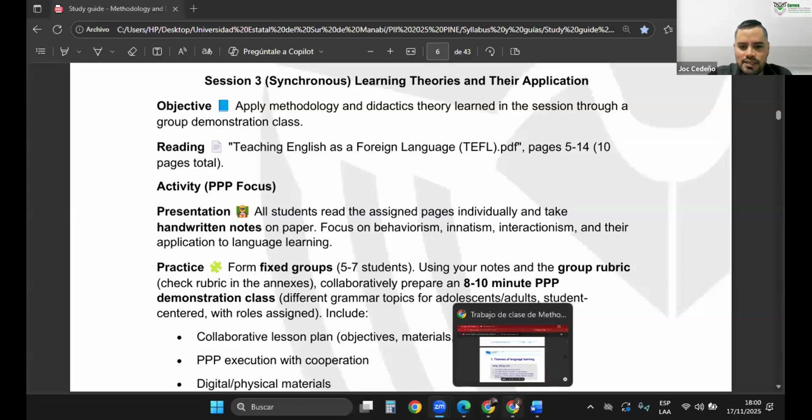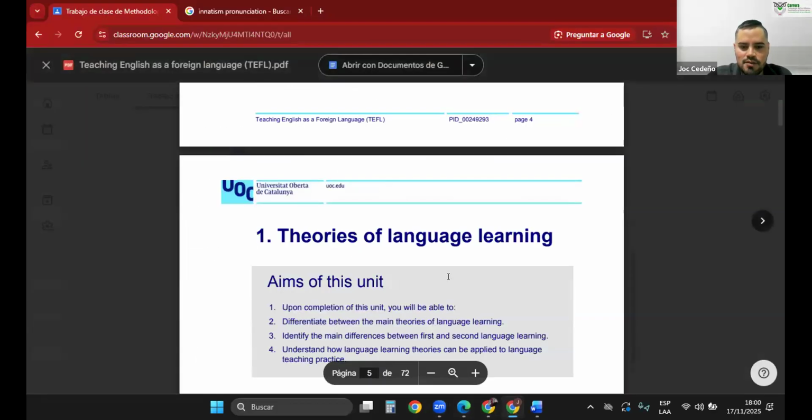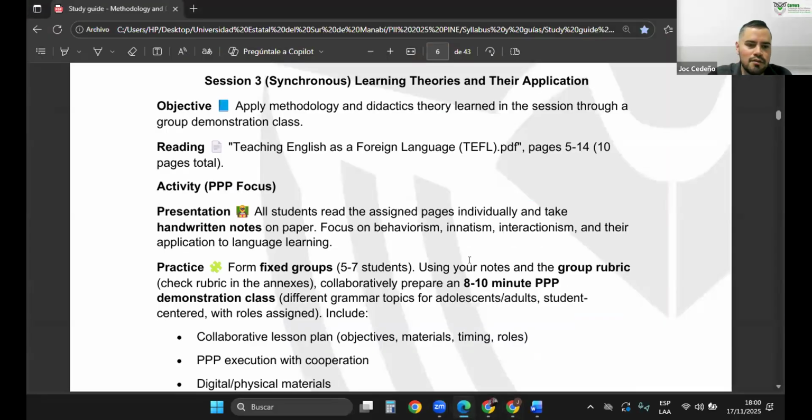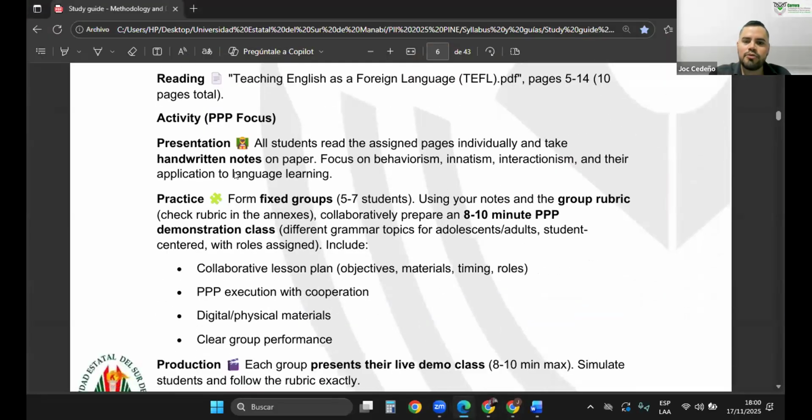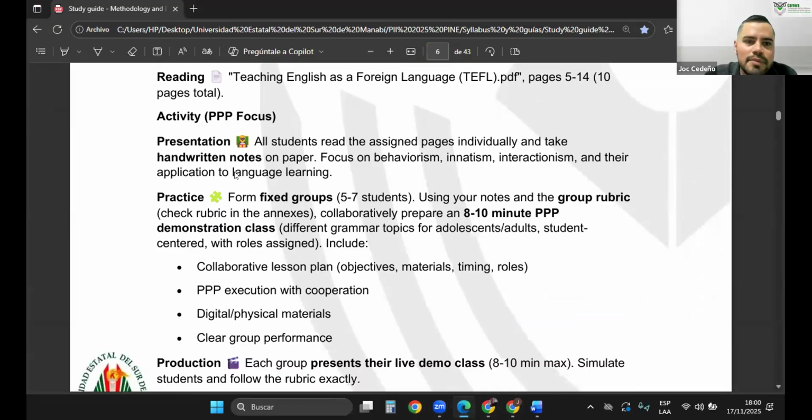So what we need to do is form groups of, let's see how many, 6 to 7 students. Then using your notes from the reading and also the rubric. Remember that there is a rubric for all group works.